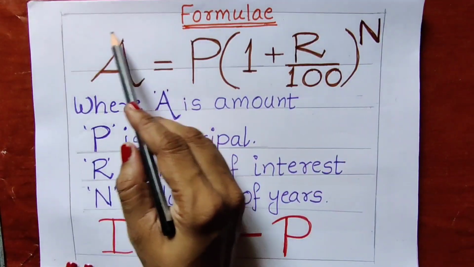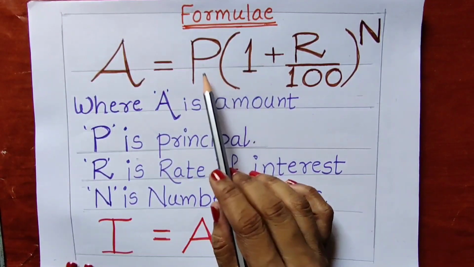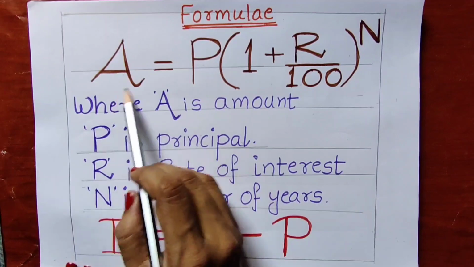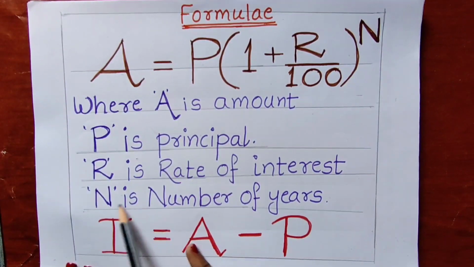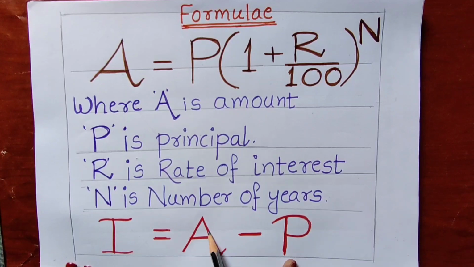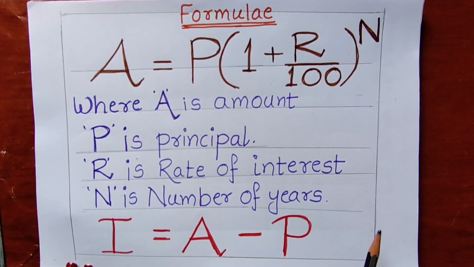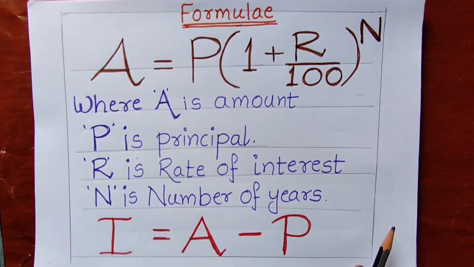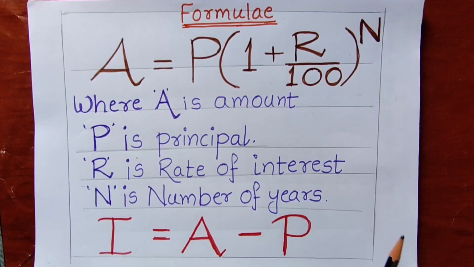After calculation of the amount we have to calculate compound interest. I is equal to amount minus principal. In this way compound interest will be calculated, and it is added to the principal to repay the loan that the person has borrowed from a bank or Patpedhi or any other financial institute.